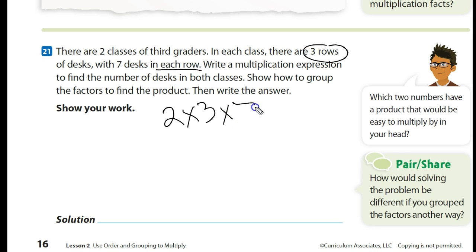So I'm going to multiply times 7. First I'm going to multiply 2 times 3. What's 2 times 3? 6. So now we can do 6 times 7. Well, what was 21 plus 21? 42. So 6 times 7 would be 42. That would be another way to solve this problem.